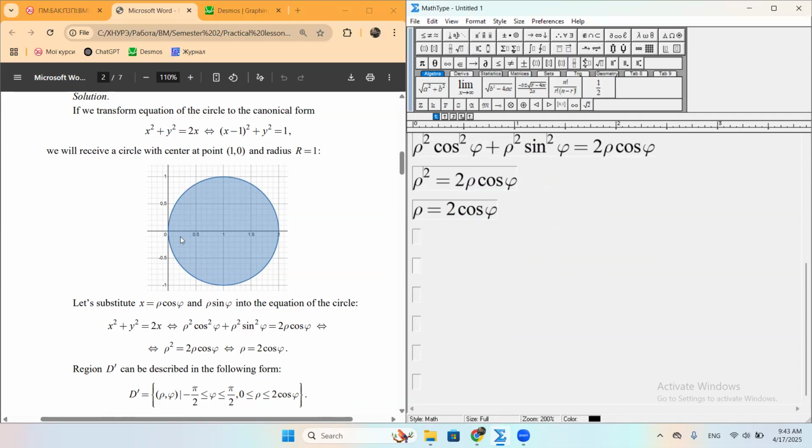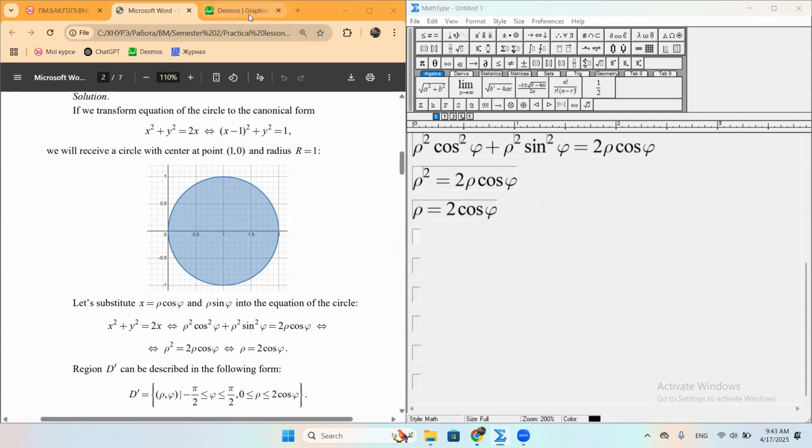Phi is an angle between the x-axis and any point.